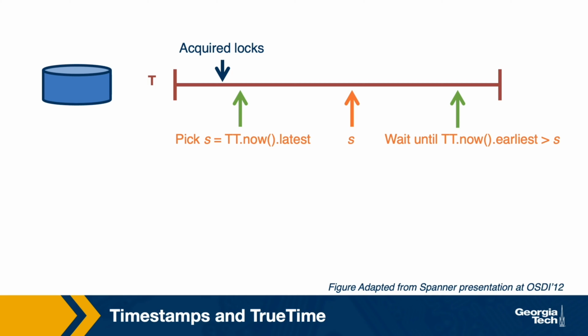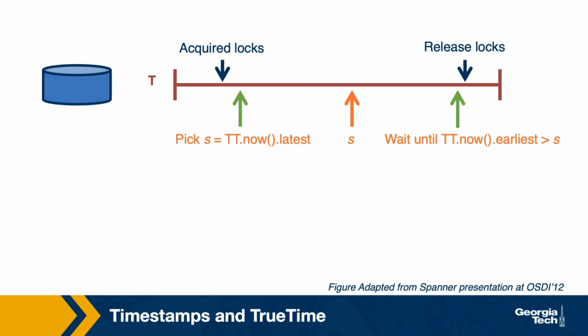Now, we also have to make sure we take care of some issues on the tail end of the transaction. So the transaction is completed when we release the locks. We release the locks, that means that another transaction can start afterwards, and that other transaction will get its own timestamp. So we have to make sure for this transaction T here that the value S that's used for its timestamp is such that it is guaranteed that it's going to be smaller than the readings of any other clock in the system.